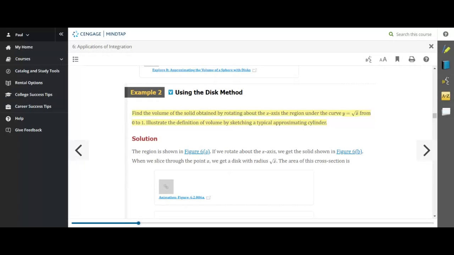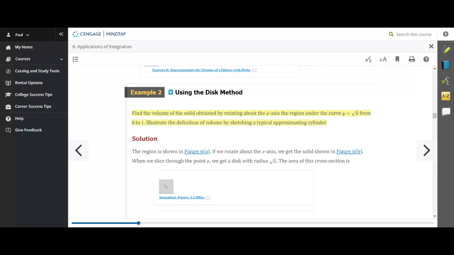We're using the disk method to approximate the volume. In example 2 from section 6.2, we talked about this last Wednesday, but I know that was a little while ago. Here they want you to find the volume of the solid obtained in example 2 by rotating about the x-axis the region under the curve y equals square root of x from 0 to 1.